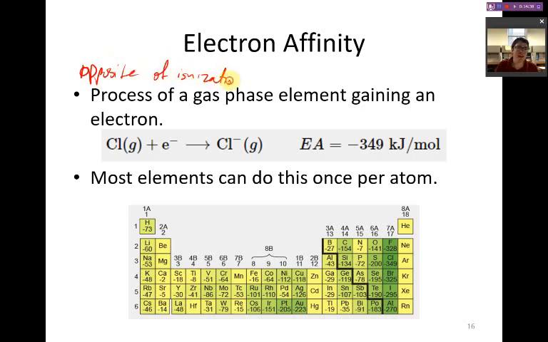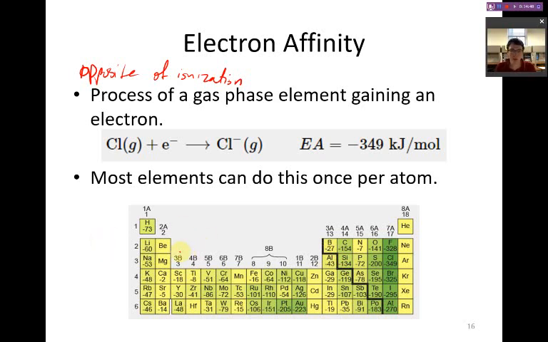Ionization is where we take a gas phase element and remove the electron. In this case, we're adding the electron onto it. Most elements are only able to do this once. However, there are some in the non-metal region that can gain 2 or even 3 electrons.